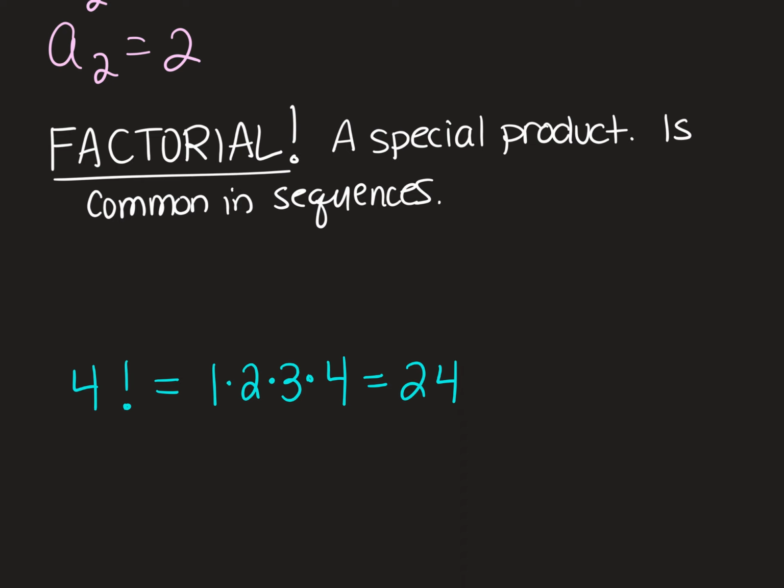Let's go one more here. What's 5 factorial? You pointed out we could do this in the opposite direction. Absolutely. You can start at 5 and count down all the way to 1. Either one is fine. It just doesn't matter which way you do it.